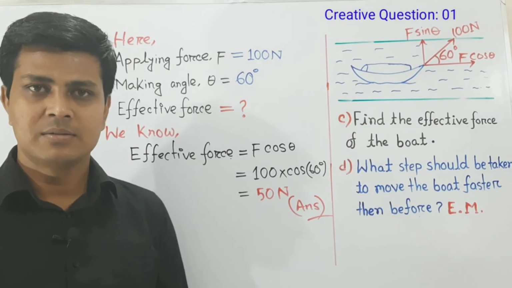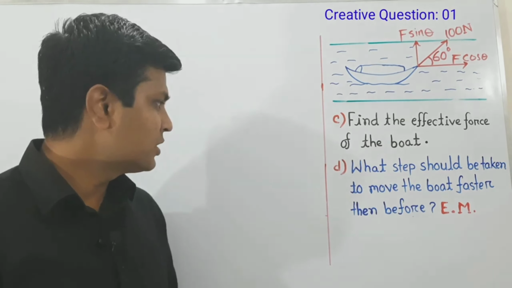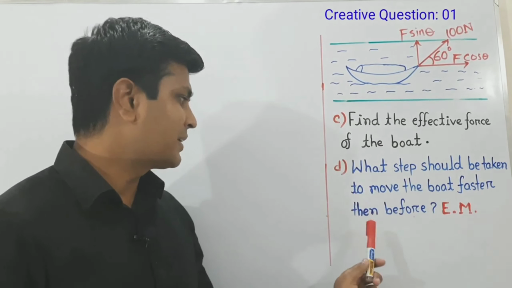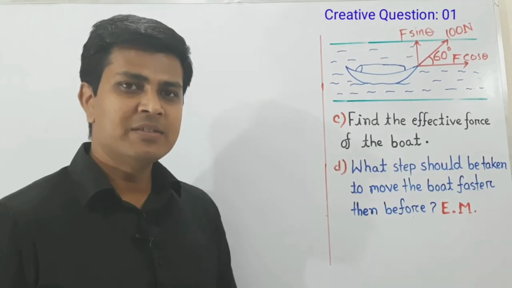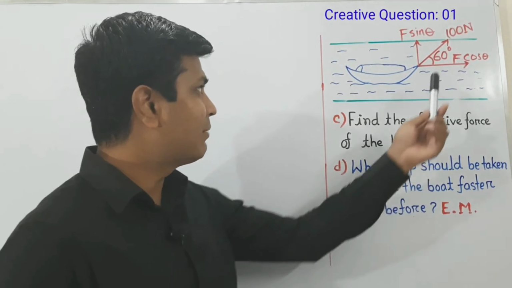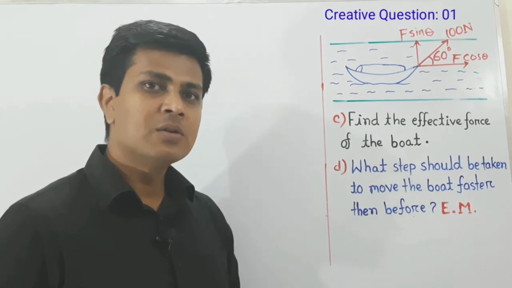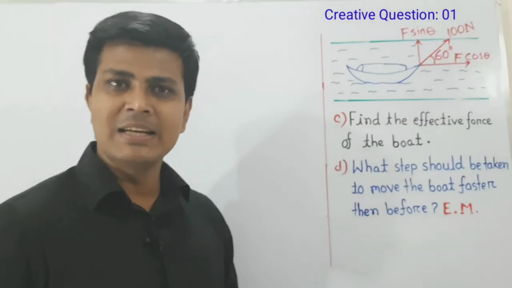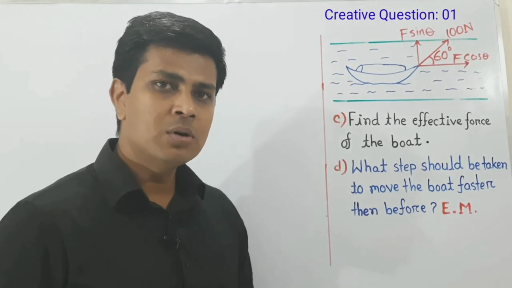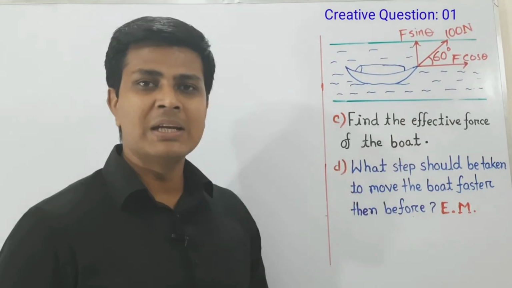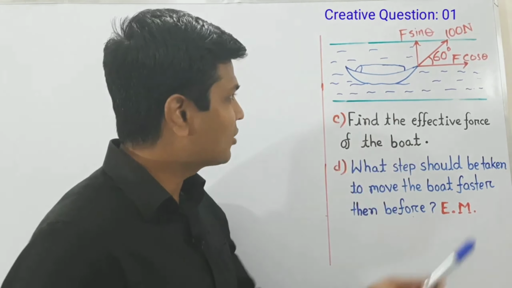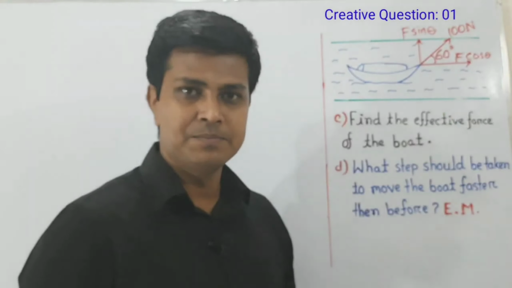Hope you have understood. Let's see question number D. The question says, what steps should be taken to move the boat faster than before? That means if we apply the same amount of force, 100 Newton, what steps should be taken to move the boat faster than before? As you know, the horizontal component is responsible for moving the boat forward. Here the horizontal component is F cos theta.